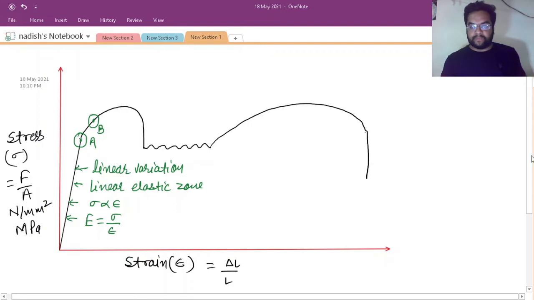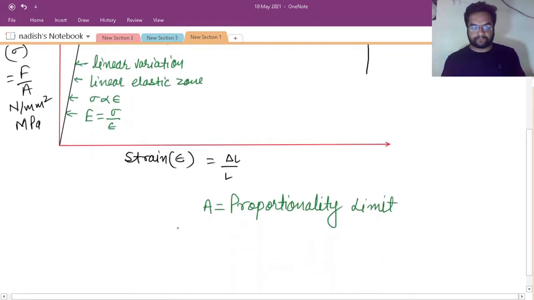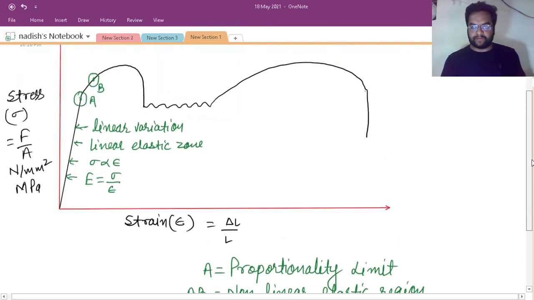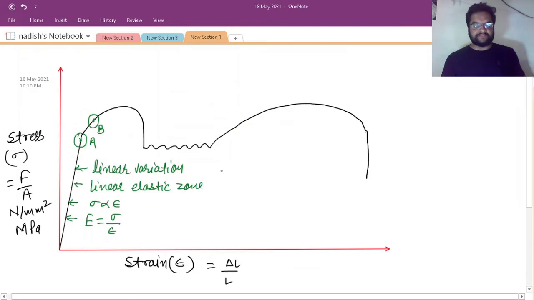AB is the non-linear elastic region. The path A to B is slightly curved, therefore Hooke's law is not valid in this region.